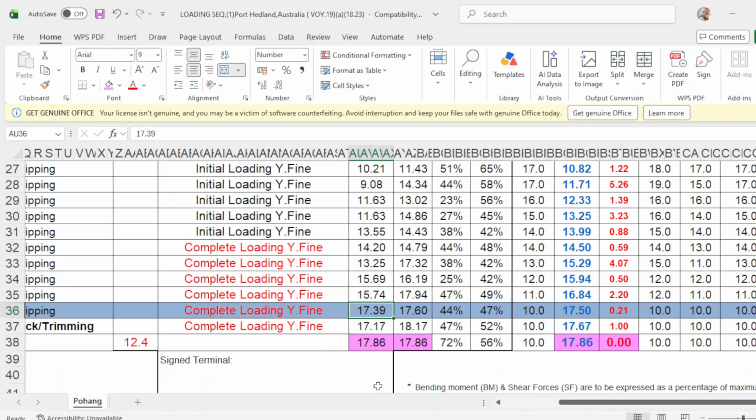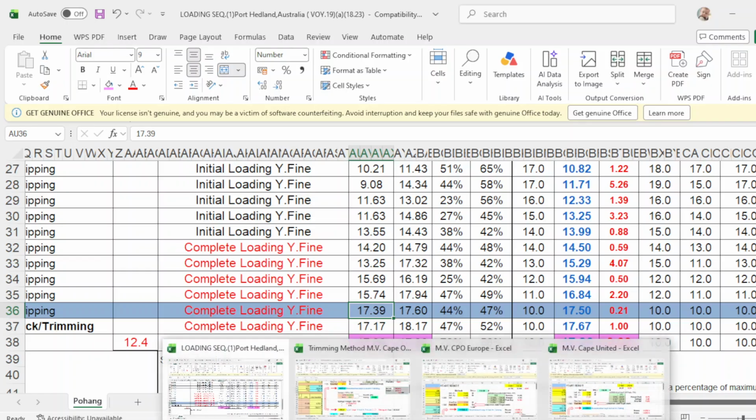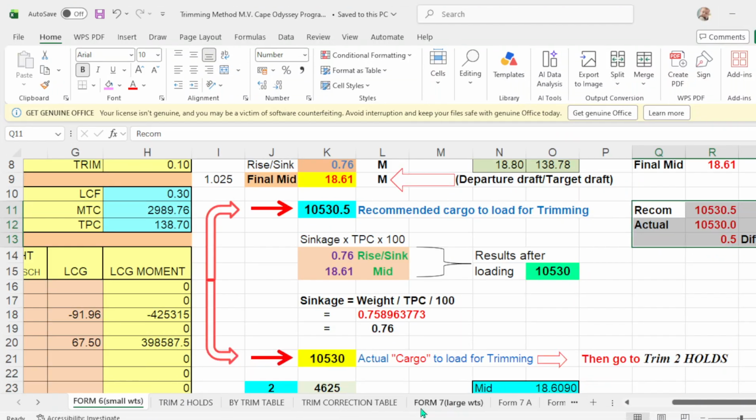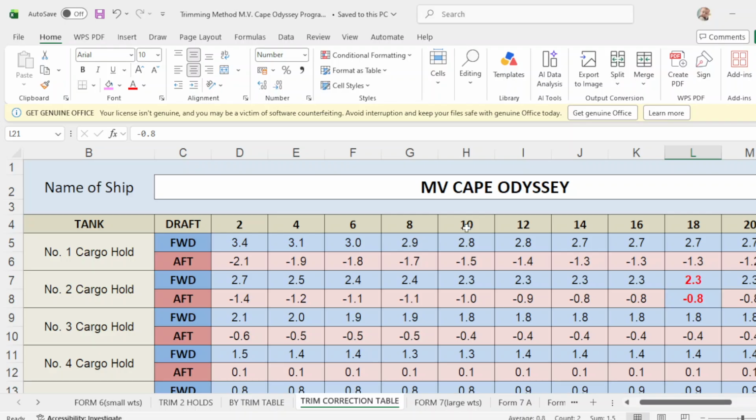So let's apply this to our program. The vessel is MB Cape Odyssey. This is my previous vessel. I was a shipmate here, so I will use this vessel for this practice.